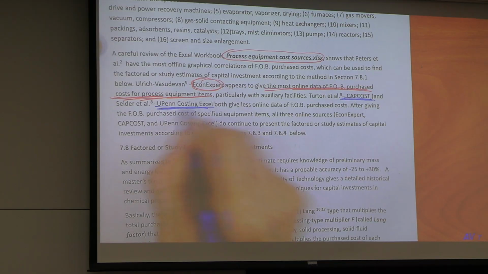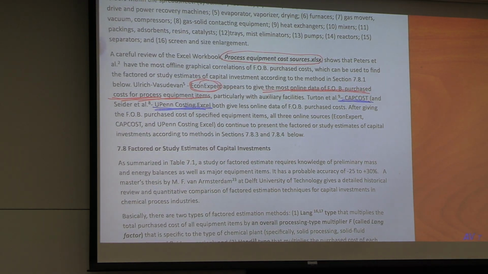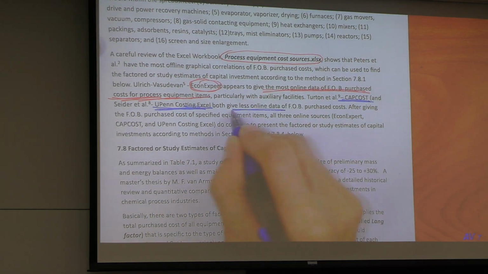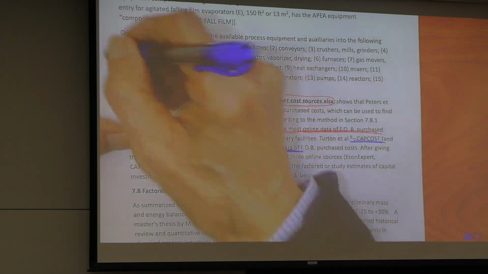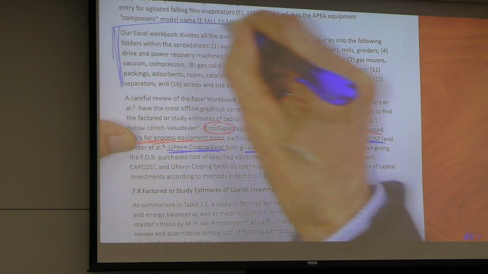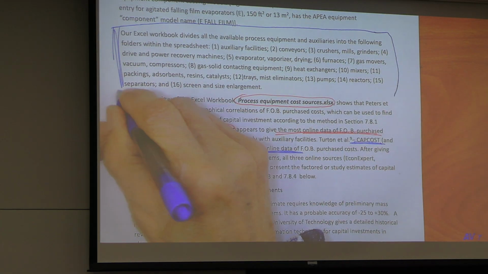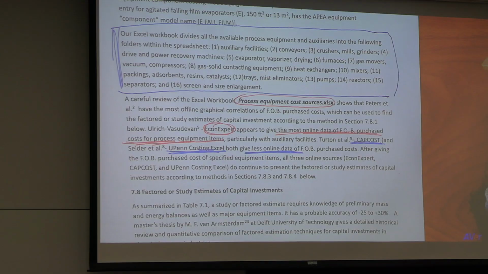UPen costing Excel gives less online data. Okay? And you want to know where to find different costs? The Excel summary gives you different types of process equipment.